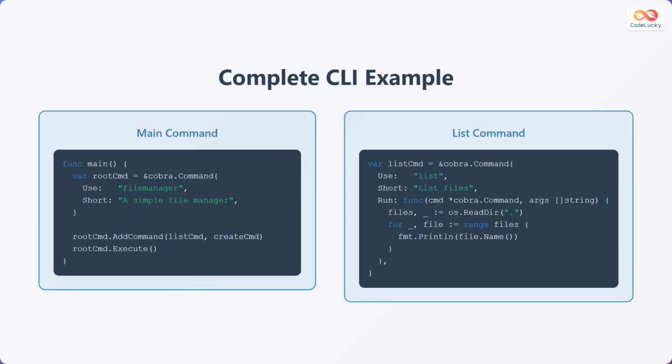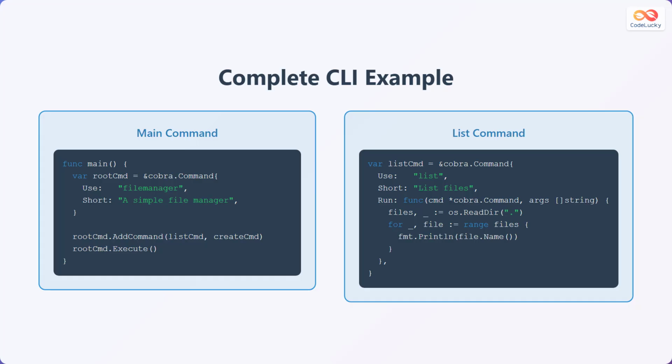Let's look at a complete example that brings together everything we've learned. This file manager application demonstrates a practical use of Cobra with multiple commands. The main function creates a root command called File Manager with a brief description. We then add two subcommands, list and create. The list command demonstrates working with the file system, reading the current directory and displaying all files.